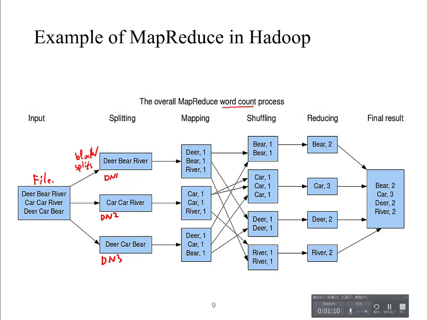So for the mapping, it just maps the sentence into key-value pairs, where the value is always 1 for each key. The key is the word, right? For shuffling, it actually groups the same key together into the same partition.